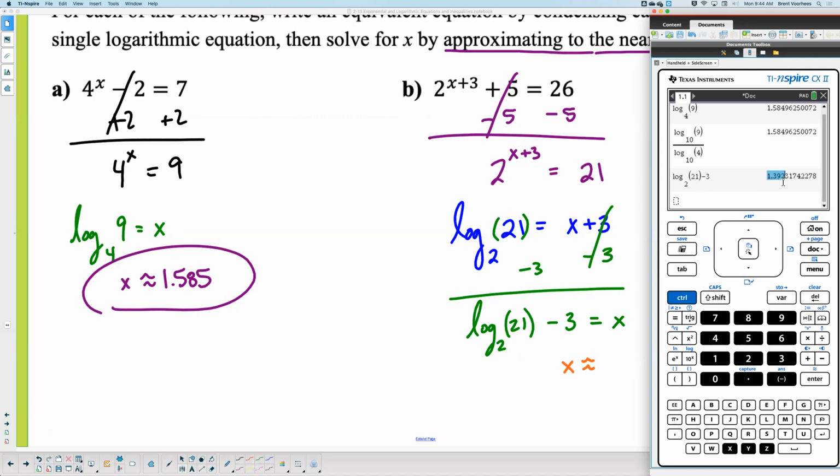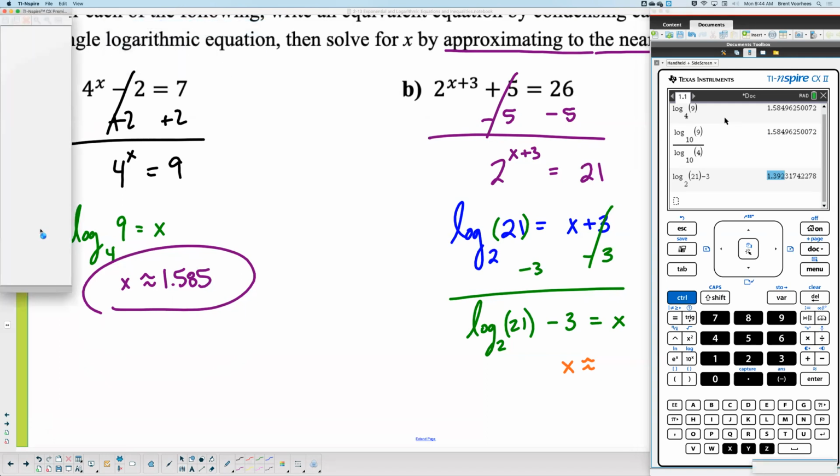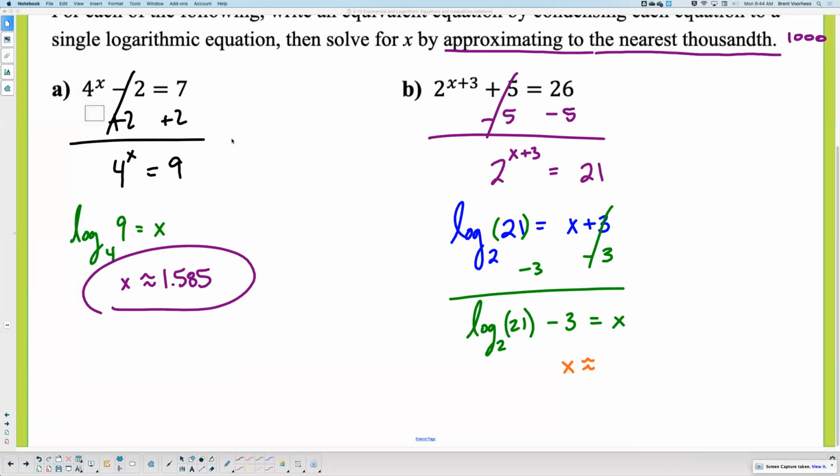What are we going to say? 1.392 or 393? 1.392. Very good. All right, let me go ahead and insert my calculations in for later, in case you want to look back at the notes.